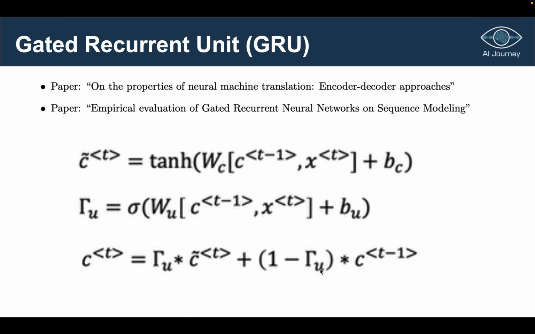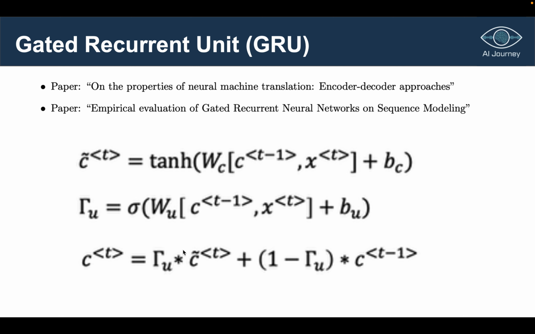old one. So at each timestamp, C_t, or the activation at time t, is the gate times C tilde, and in case the gate was 1, we're gonna update it, so 1 times C tilde plus 1 minus 1, which is 0, times C_{t-1}.